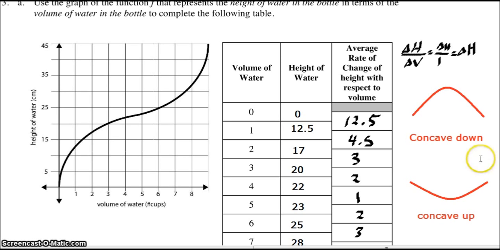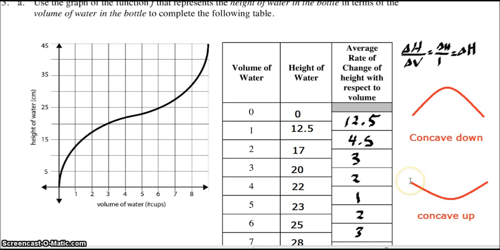Now, here the steepness decreases as we get to this point. Now here we say the steepness is 0, and then the steepness is negative. You can think about this as the slope, or the average rate of change, even the instantaneous rate of change if you've had calculus. The steepness gets smaller and smaller, then it's 0, then it becomes negative, but it gets larger, more negative.